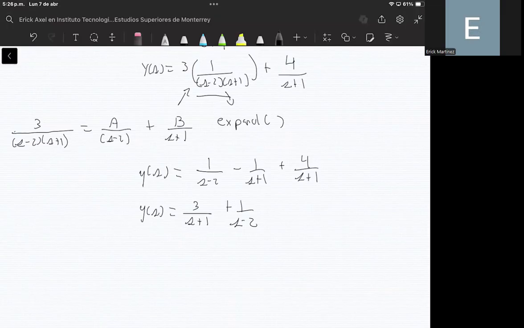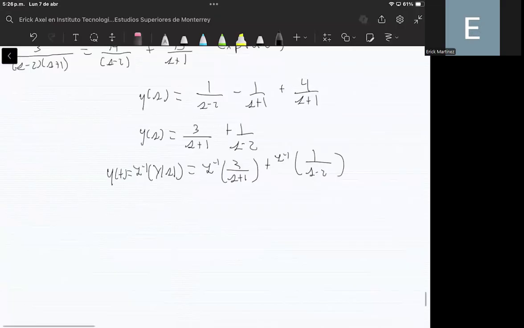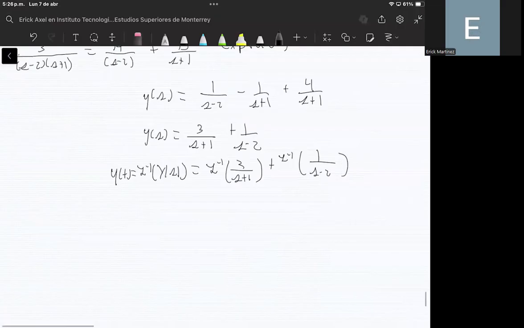That is, y of t is equal to the inverse Laplace transform of Y of s, which is equal to the inverse Laplace transform of this term, plus the inverse Laplace transform of 1 divided by s minus 2. This is the way in which you can do it. If you analyze this closely, this is essentially the Laplace transform of an exponential.